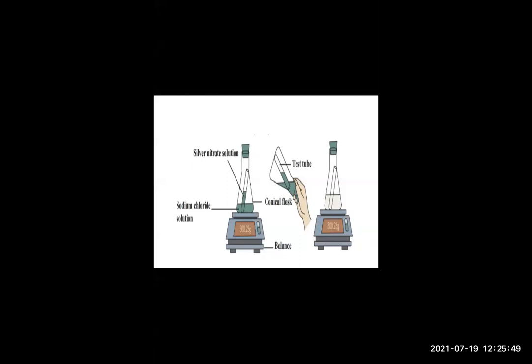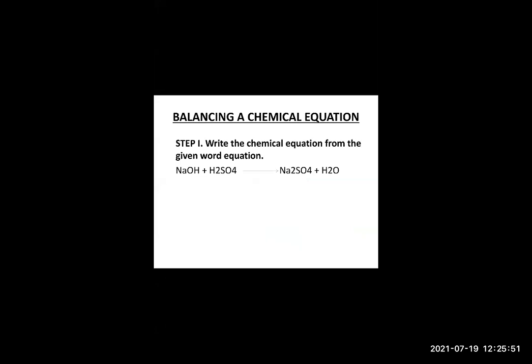Okay, fine, students. So that was about this activity. Now we are going to learn how to balance the chemical equation. Simply writing the chemical equation will not complete your task. You have to balance it. Now what is meant by balancing an equation?